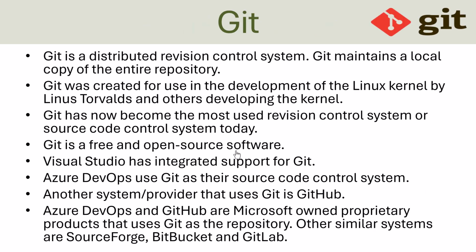So Azure DevOps uses Git as a source code repository. Git is a distributed revision or source code control system. Git was originally created by Linus Torvalds, the founder of Linux, and used within the Linux development. Today Git has become the most used revision or source code control system.